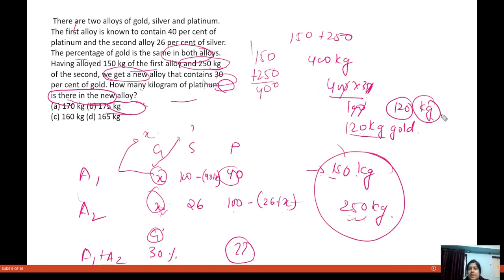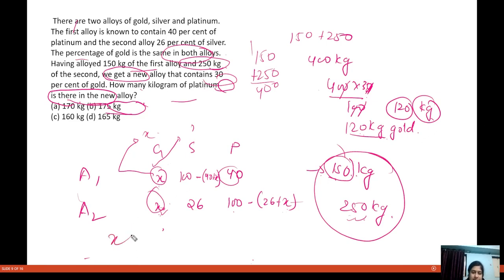See, this is X percent. This is 40% platinum, this is silver and this is gold. So in this 150 kg, you have X percentage of gold. Since this is a percentage, we can use it directly.